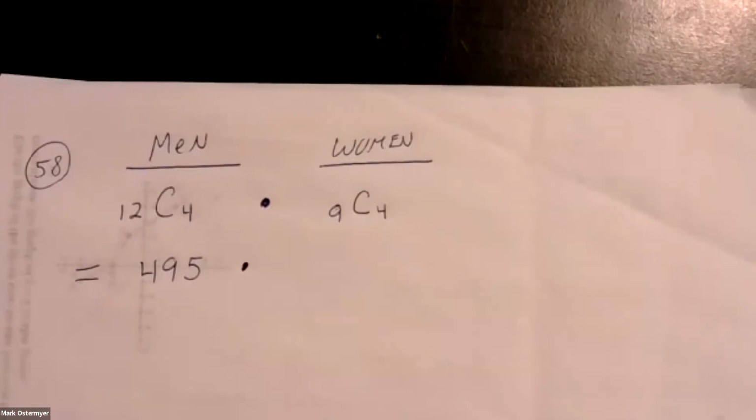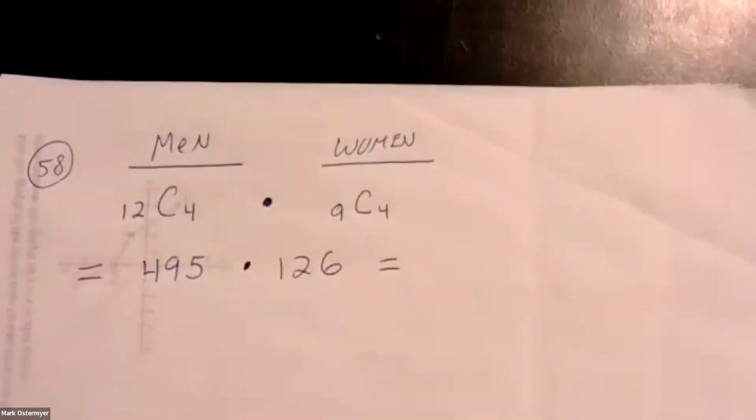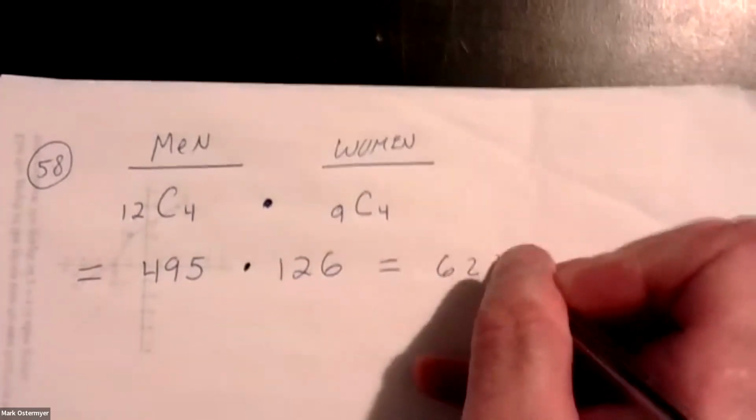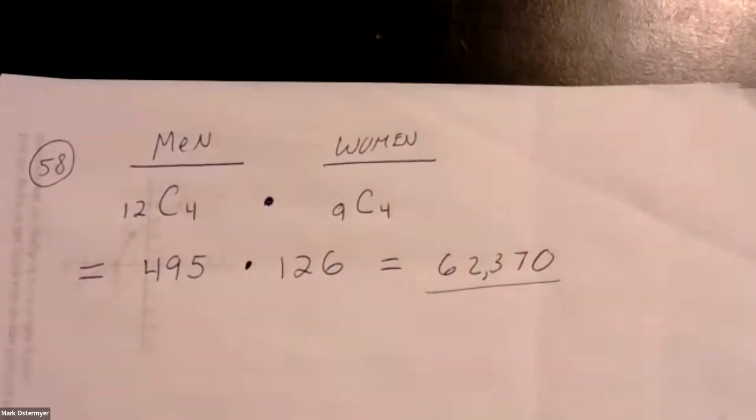Well, we're going to find out. There's 126 different ways. Now we multiply these two together. 495 times 126. The answer is there's 62,370 different committees that can be formed, where we must have 4 men and 4 women, choosing from 12 men and choosing from 9 women. There's your answer for number 58.